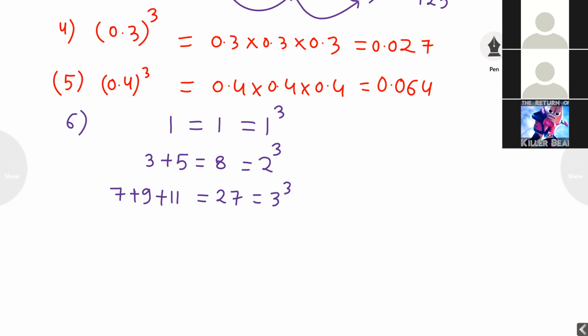You are observing a very beautiful pattern coming. 13 plus 15 plus 17 plus 19, you can add here. The answer is coming 64, which is 4 cube.